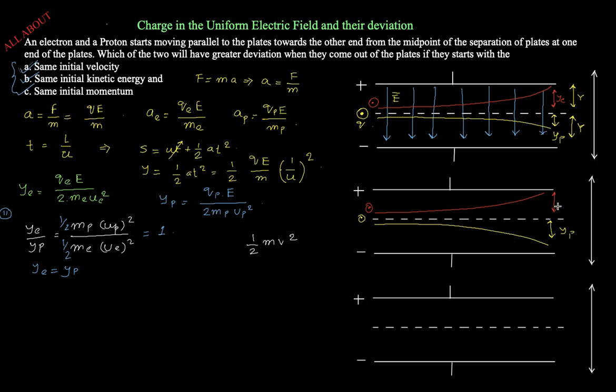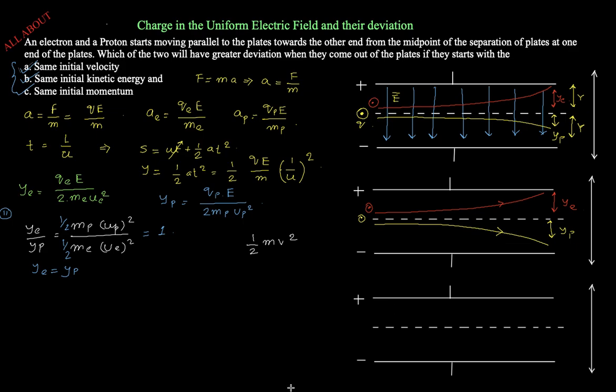So keep one thing in your mind about the condition for the acceleration of a charged particle in the electric field. If they have the same initial kinetic energy, then the deviation of the electron and the proton when they come out from the electric field are the same. But if their initial velocities are the same, then the electron will deviate more than the proton.